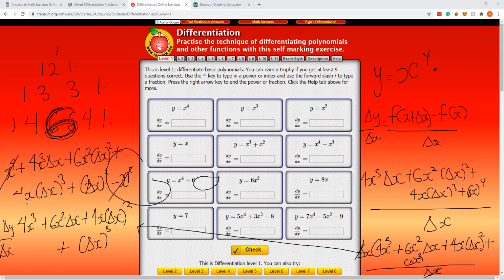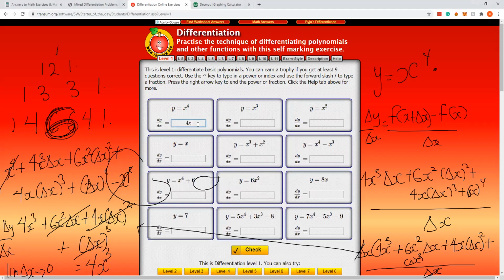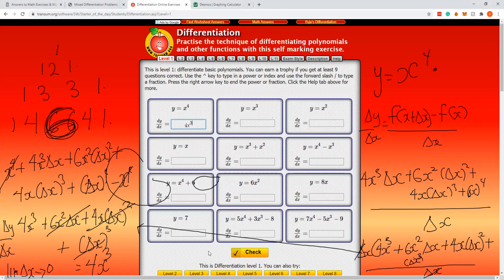Now dy/dx will be this limit as delta x gets to 0. So anything that has delta x here automatically disappears, and we're left with 4x to the power 3. Let's put our value and see. For x first, shift 6, 3, and then we check, and it's correct.